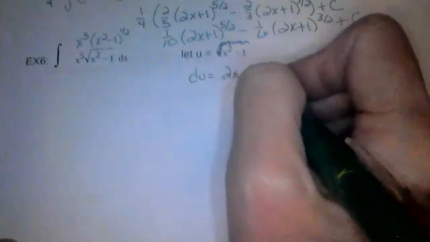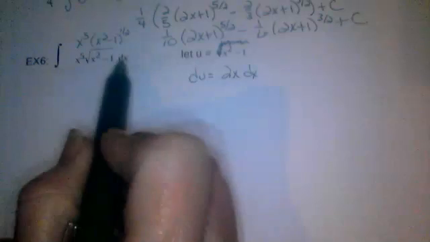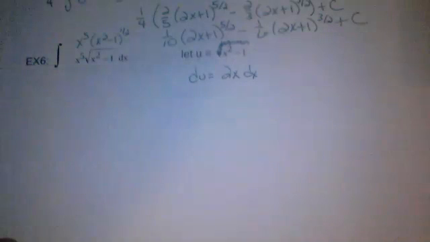So du equals 2x dx. Du over dx equals 2x. Multiply, we get 2x dx. So when we look over here, we have an x to the 5th dx, but not a 2x dx. So I'm going to try to match a few things up with what I can.